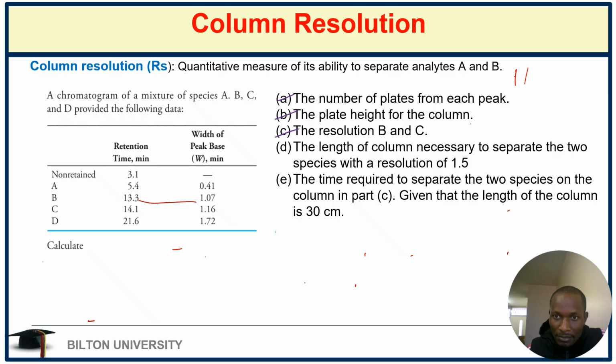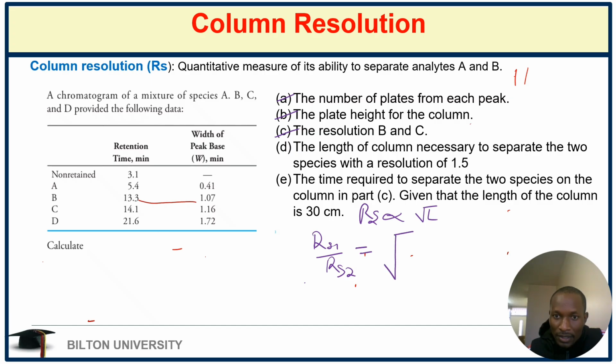In this case, remember, we normally say that the resolution is directly proportional to the square root of length. And if that's the case, then we can say resolution 1 over resolution 2 is going to give us the square root.